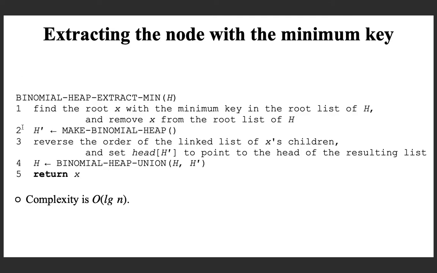Then for this it's order of 1, and reversing the children, preparing a reverse root list with the children of the removed node, will take maximum log n time. Then union will again take log n time. So the asymptotic complexity is in the order of log n. I hope you are getting me.